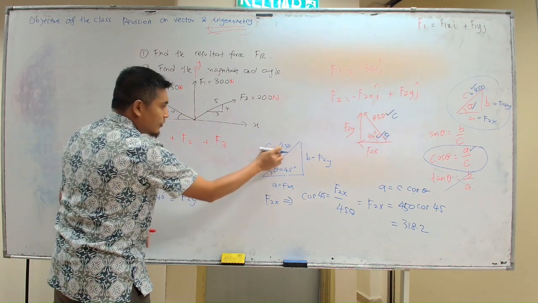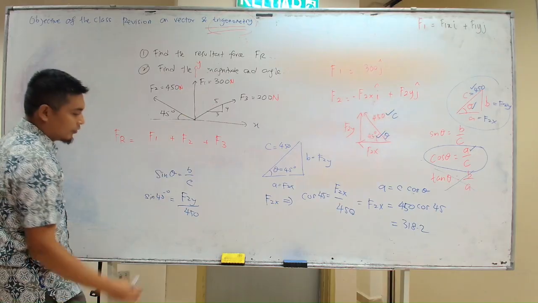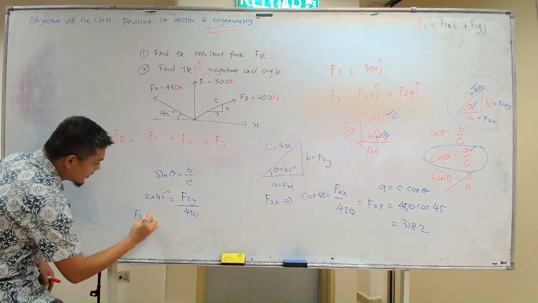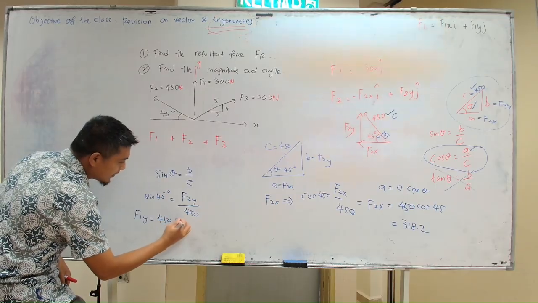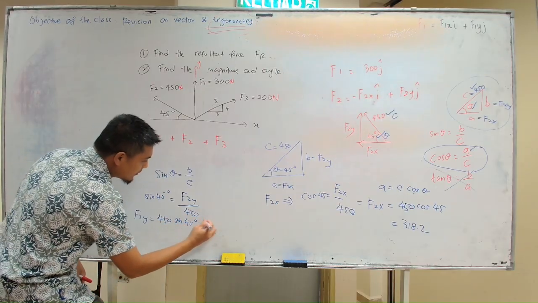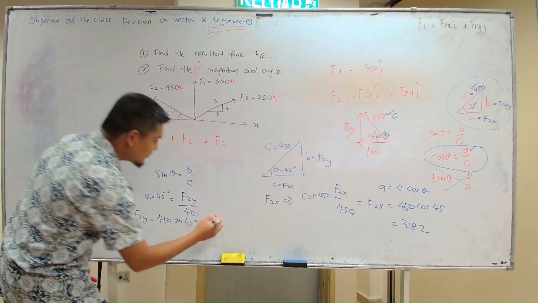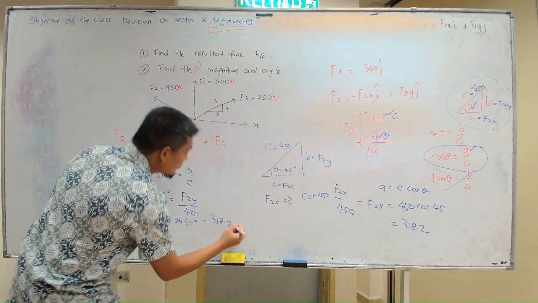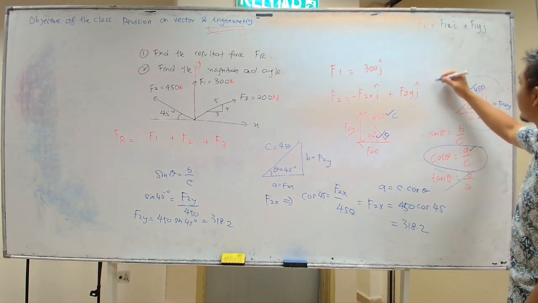Our c equal to 450. So now can you calculate F2y? So it's equal to 450 sin 45. What is the answer? Same thing, eh? 318.2.